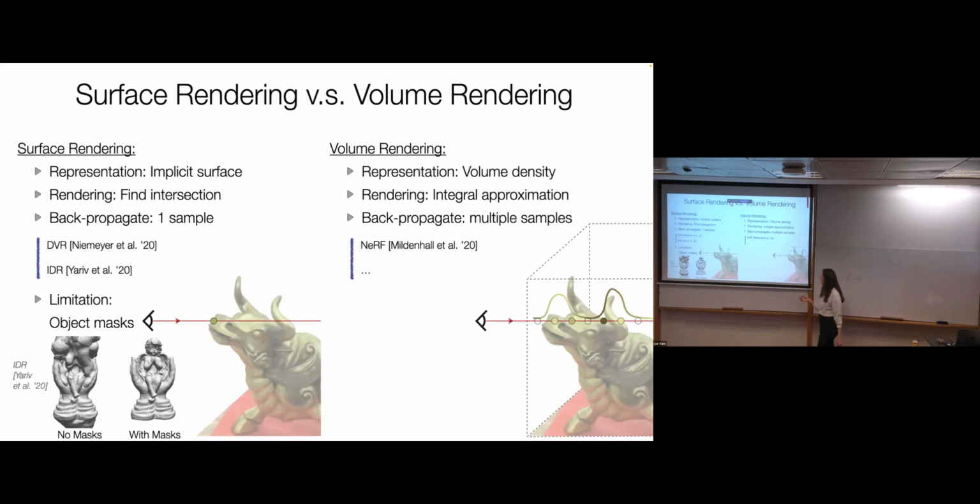And really, if we just learn IDR without having a mask, we can see that it has this extraneous thing that it grows, because it cannot differentiate between the background and the object.